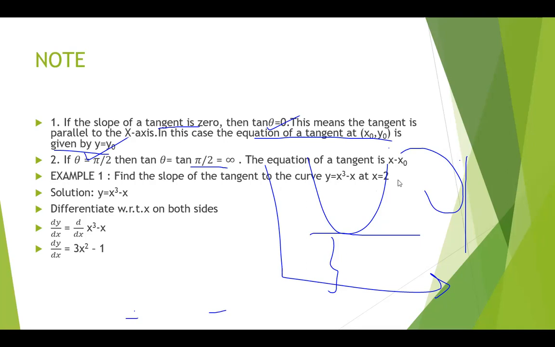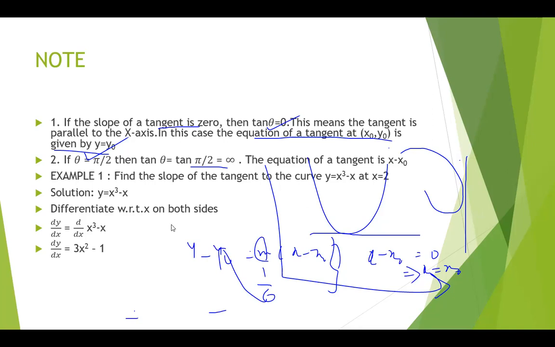So the equation of tangent is x minus x naught is equal to, because y minus y naught is equal to m into x minus x naught will be there. If this m is 1 by 0, that cancels with the left hand side. So we have x minus x naught is 0. That means x equal to x naught is the equation of a tangent which is parallel to the y-axis.